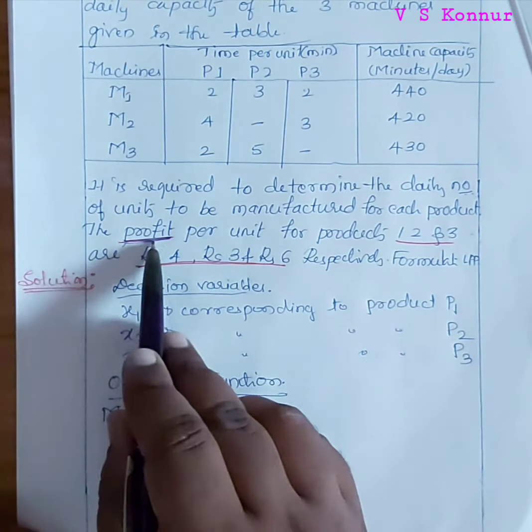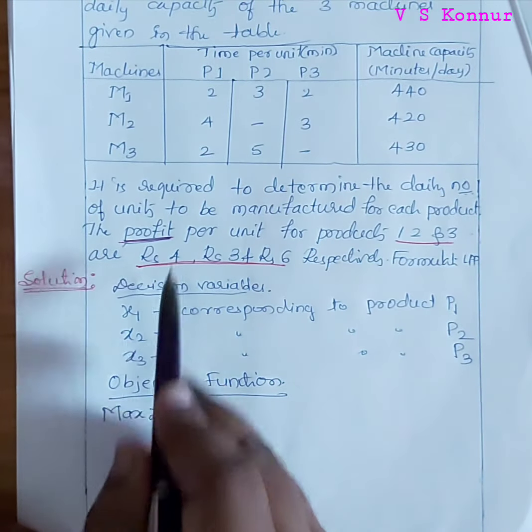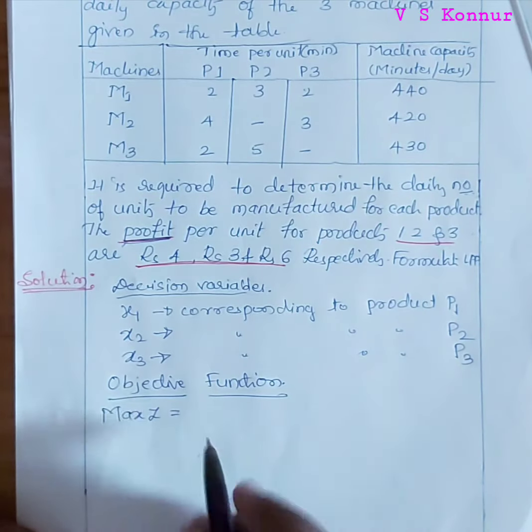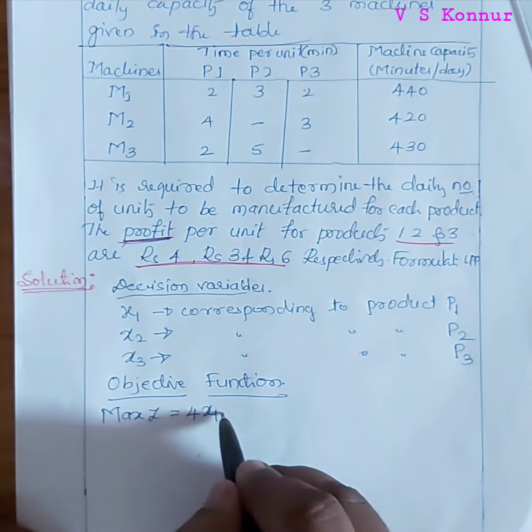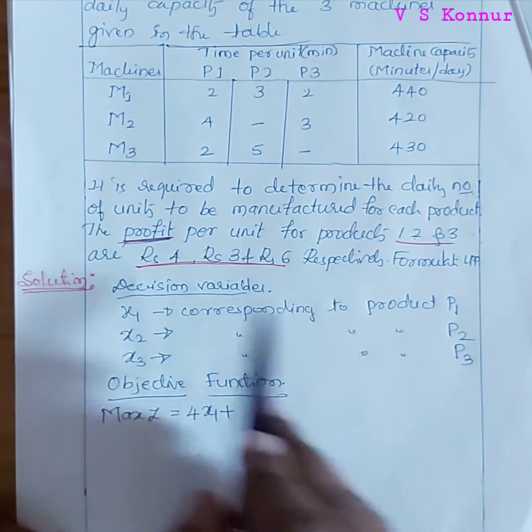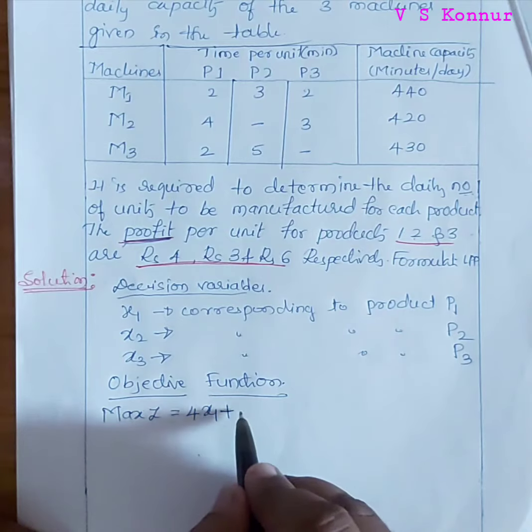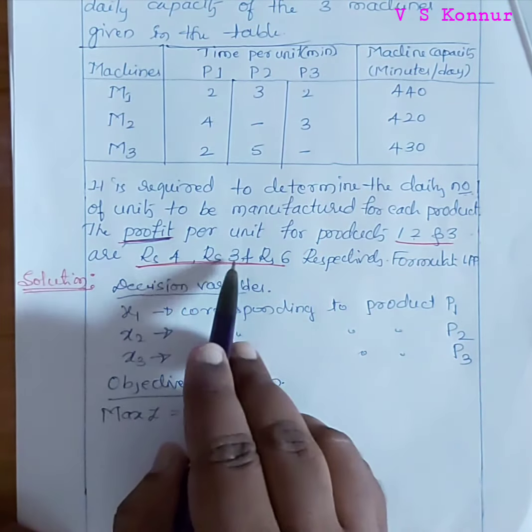Now, profit per unit for product 1 is rupees 4. Product 1, P1, we defined as X1. So 4X1, plus profit for second, that is P2, is rupees 3. For P2 we defined X2, so 3X2. Right.